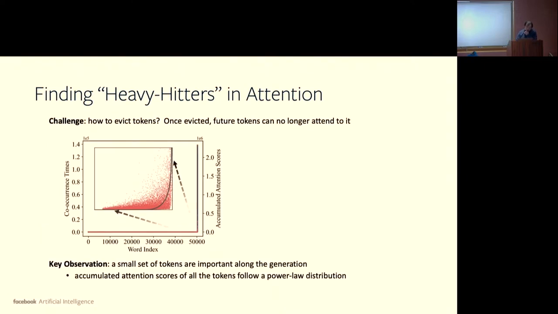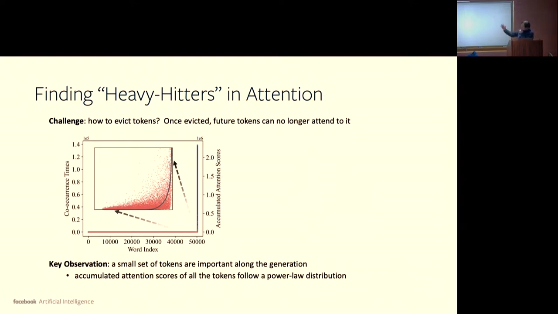If we draw this distribution, showing how many tokens have higher activations and how many tokens have lower activations, you will see, first of all, that this attention score distribution is very similar to the co-occurrence I talked about a lot in the previous slides.